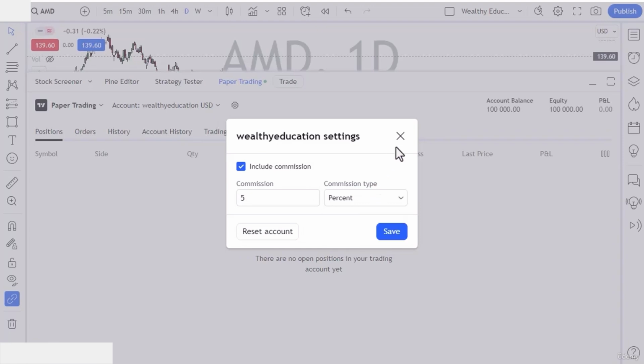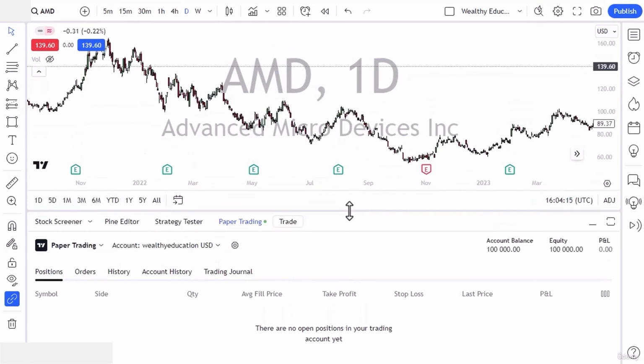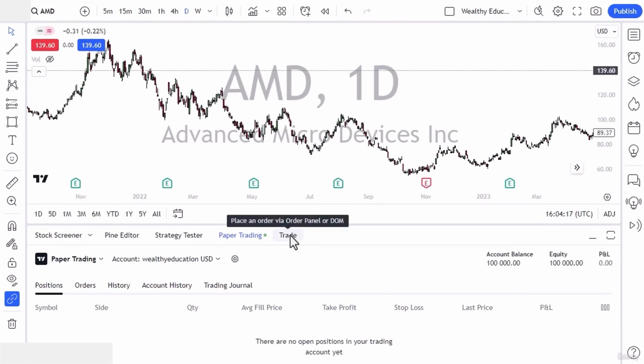You can make it fixed, like, for example, forex, like $3 a lot, if that's what you're doing. And you'll see this gives you the ability to place orders, but not risk any real money, which of course is going to be crucial for your development of a strategy.